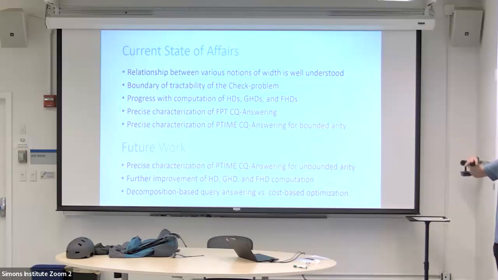They reduced the problem to SMT solving, whereas we essentially reduced the problem to HyperTree decomposition solving. And there is a precise characterization of FPT for CQ answering by this famous result by Marx on submodular width, and the precise characterization of p-time CQ answering in case of bounded arities by this paper of Grohe from 2007.